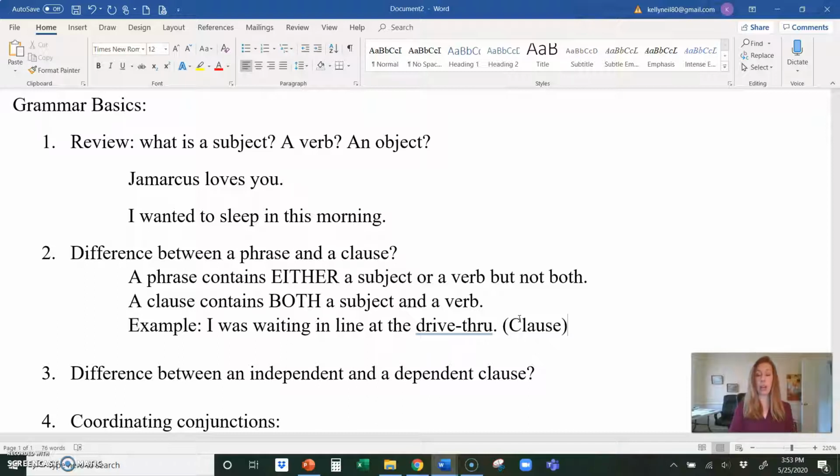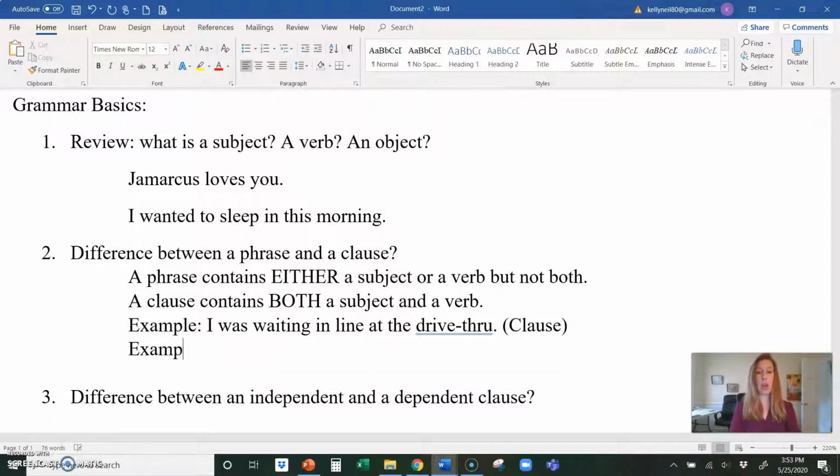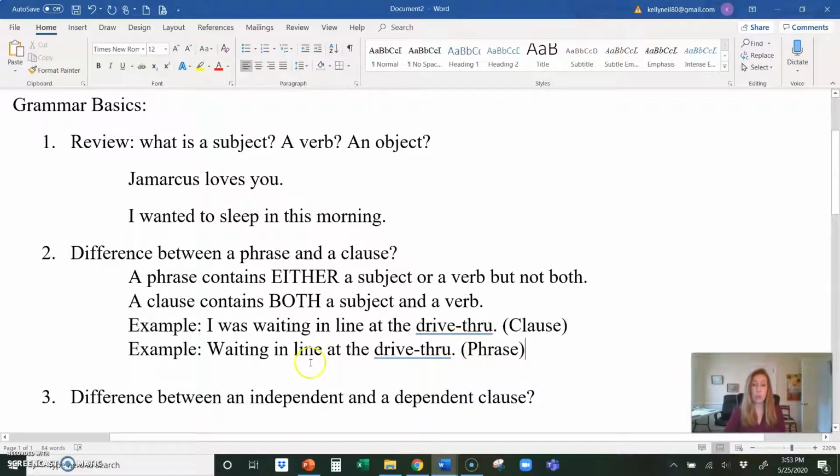Now let's look at a similar sentence, but one that is just a phrase. So therefore it's an incomplete sentence. So if I look at this, waiting in line at the drive-thru, I have a verb, okay, that's cool, but where's my subject?